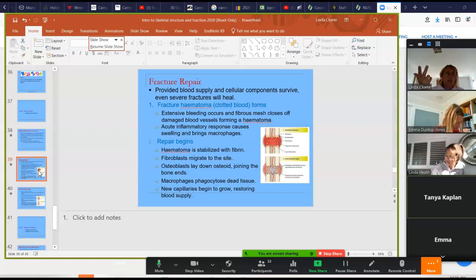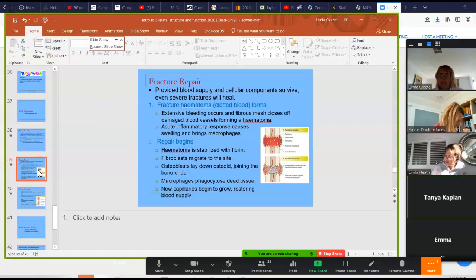The macrophages, just like in wounds, phagocytize any dead tissue, and then you get your capillary buds forming and replacing the blood supply. So it's exactly the same phases as wound healing, it's just that the names of the tissue are slightly different. So it's osteoblasts in addition to fibroblasts, etc.